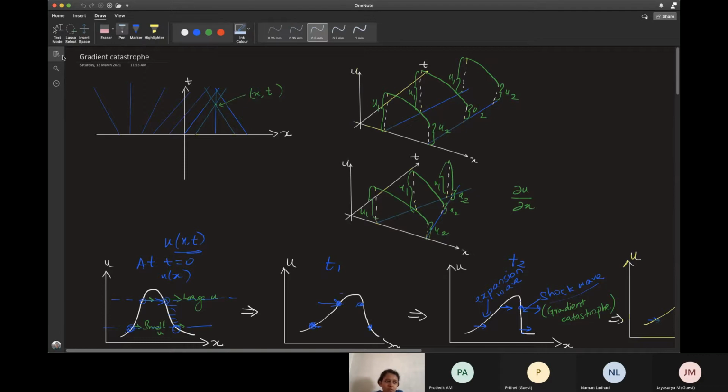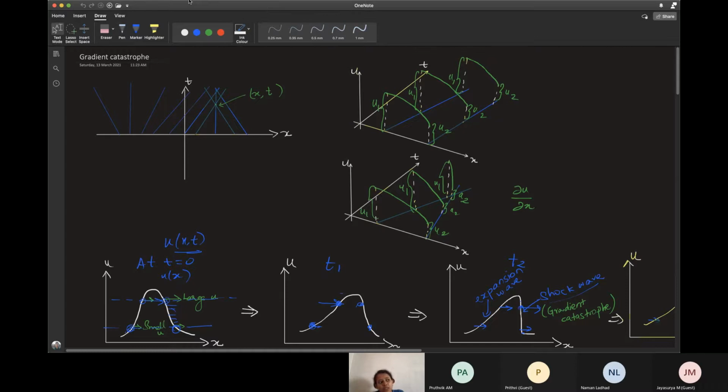we saw the concepts called domain of dependence and region of influence through D'Alembert solution. Then we went on to studying characteristics through first order linear hyperbolic PDEs.